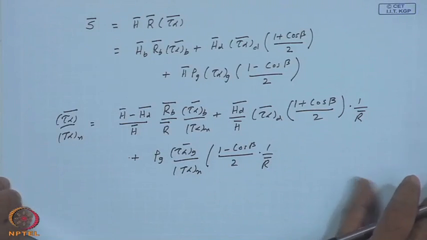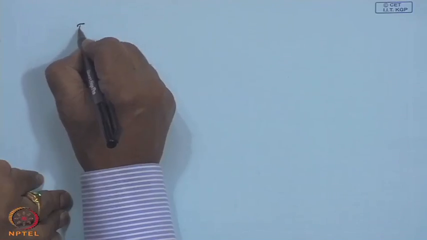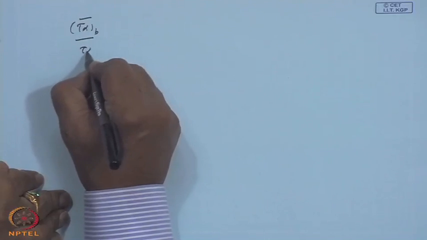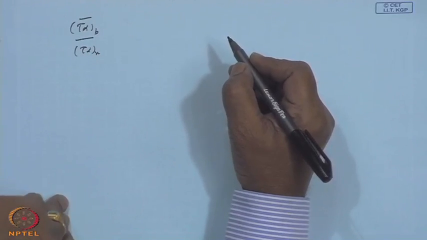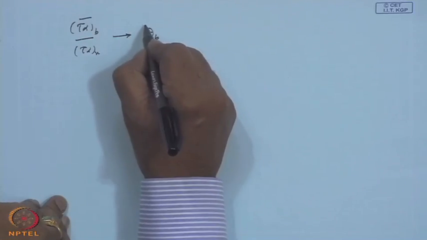This we have done, but then I wanted to say that the number 0.94 simply written, you should not wonder how you got it, how we got it. So, how do we calculate? Tau alpha bar b upon tau alpha n is the effective transmittance absorptance product for the direct radiation, for which we need theta b bar.